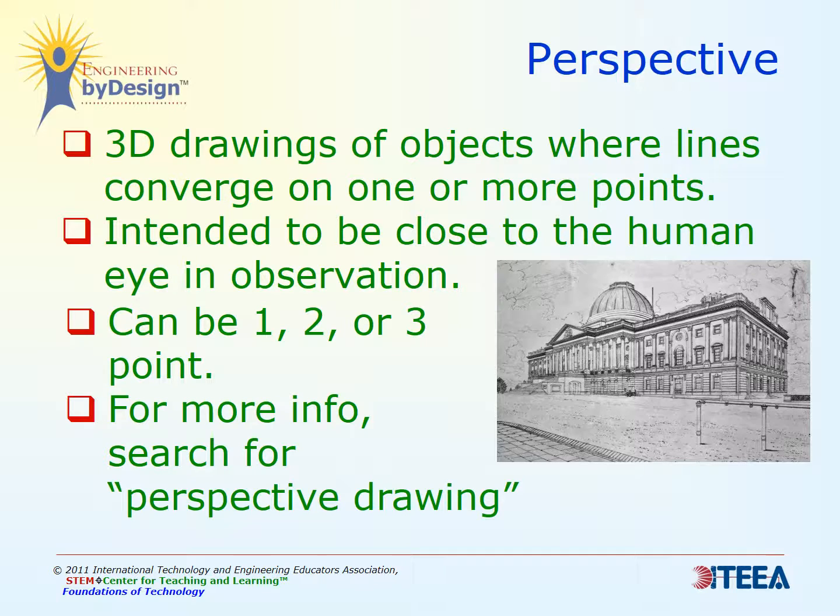And you can see the intricate designs that's going into it. They're putting a brass dome on top. Perspective drawings are intended to be close to the human eye in observation. Can be 1, 2, or 3 points. For more information, look up perspective drawing on the internet.